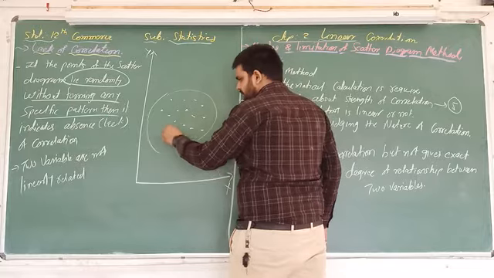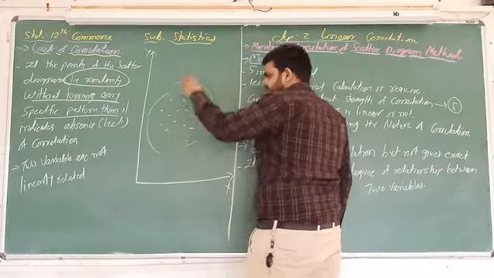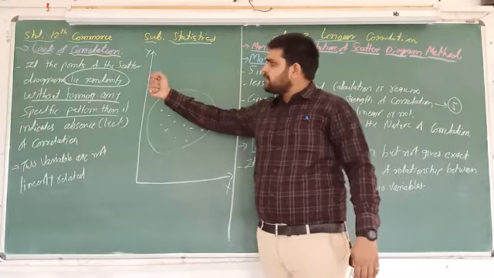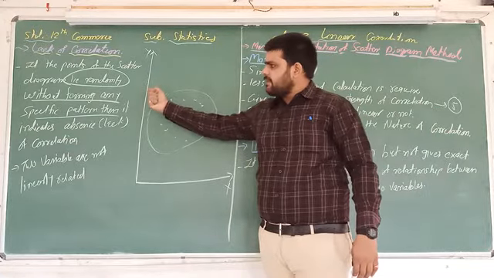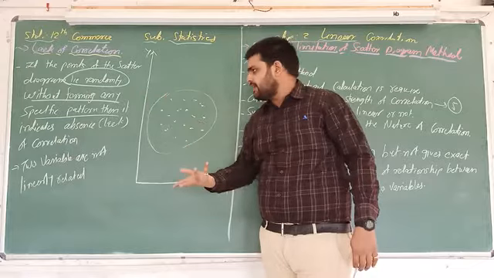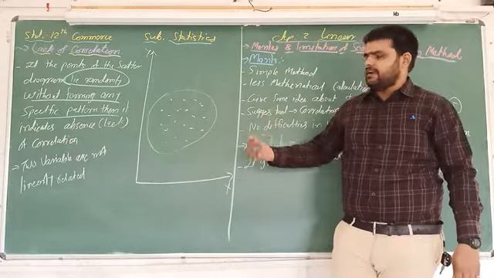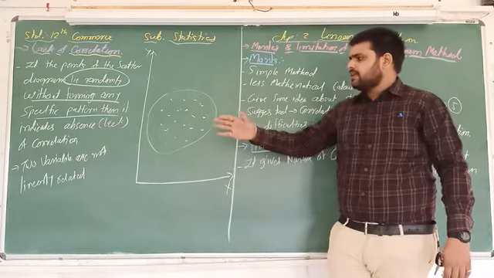All the points are there, not on any single line. It's random. So if the points of the scatter diagram lie randomly without forming any specific pattern, then it indicates the absence or lack of correlation.